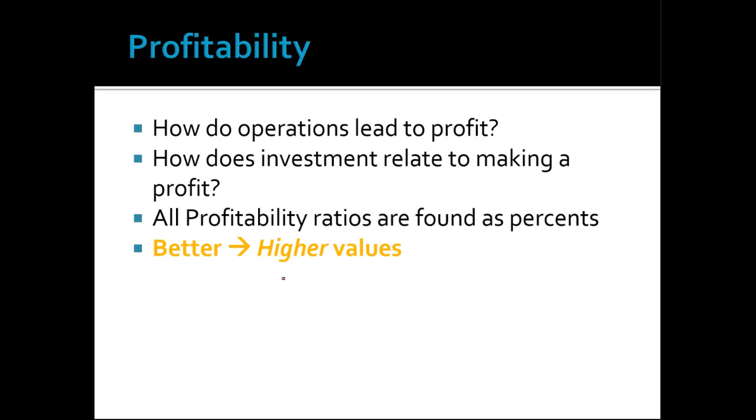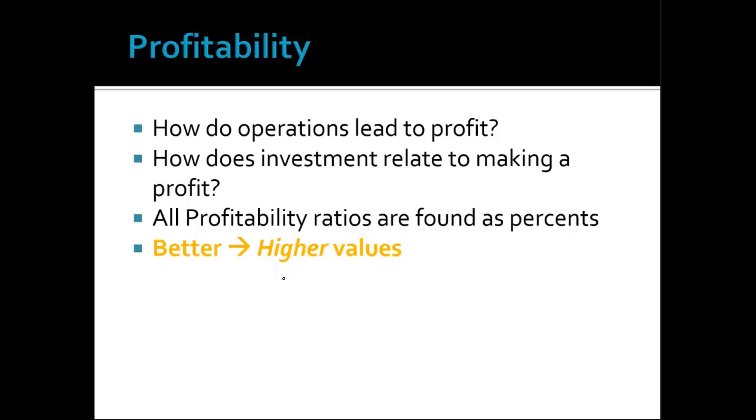The last category of ratios is dealing with profitability. Why do companies exist? Well, one of their reasons is to stay in business. And if they want to stay in business, what do they need to be? They need to be profitable. So some of these ratios are going to help answer questions like, how does the company's operations lead to a profit?